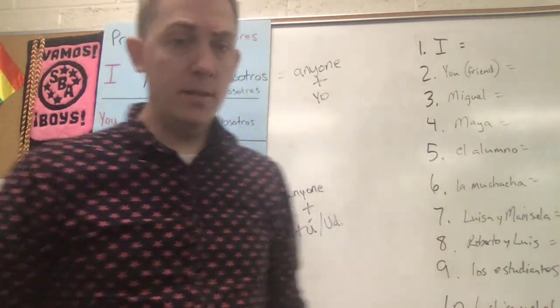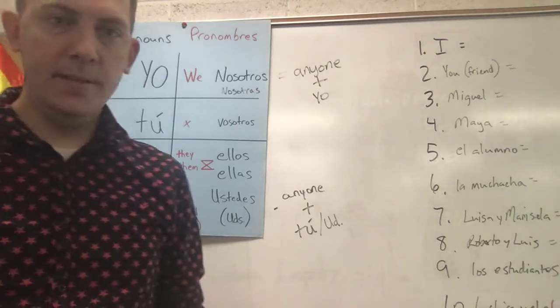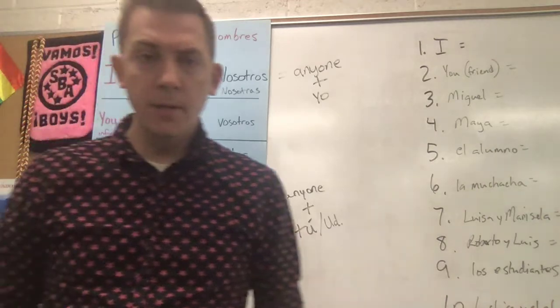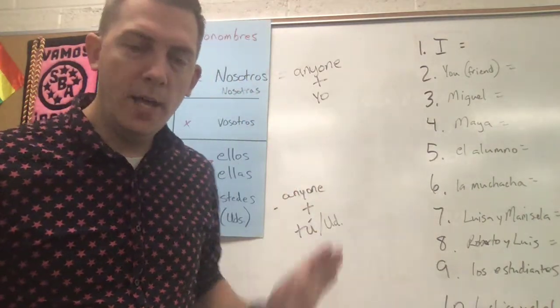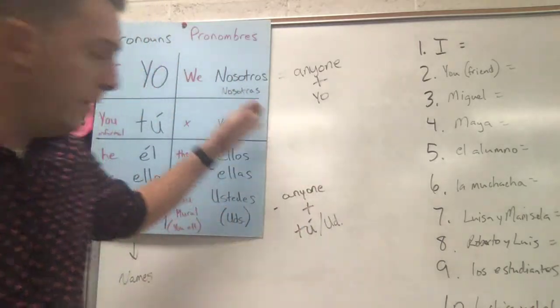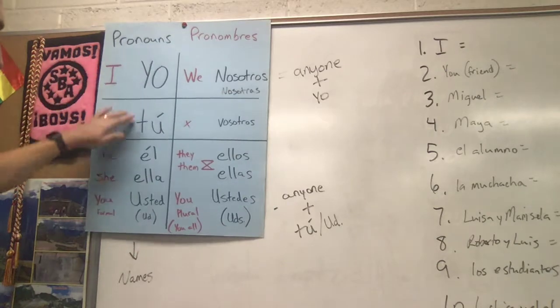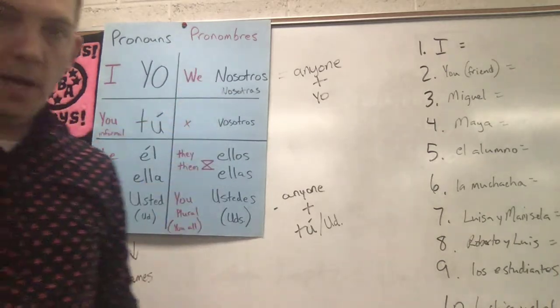So in Spanish, this is the chart that we use. If you guys can copy this down in your notebooks with the vocab, this will help you when we get to conjugating verbs. We're going to use the same kind of chart, the line down the middle, and two. So we end up having 6 boxes, okay?